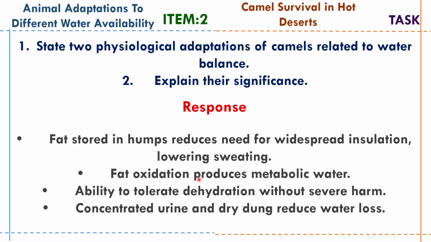Fat oxidation produces metabolic water. Ability to tolerate dehydration without severe harm. Concentrated urine and dry dung reduce water loss.